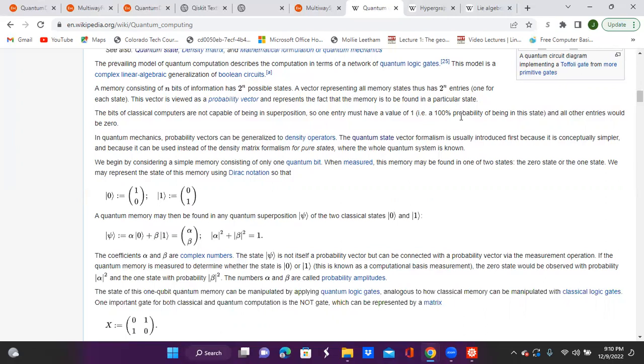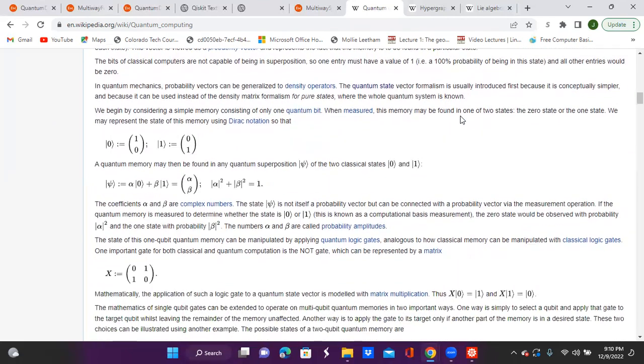This vector is viewed as a probability vector and represents the fact that the memory is to be found in a particular state. The bits of classical computers are not capable of being in superposition, so one entry must have a value of 100% probability of being in this state, and all other entries would be 0.